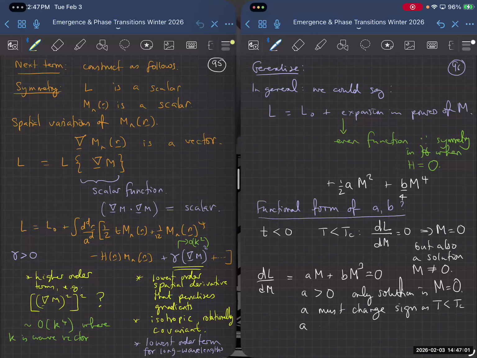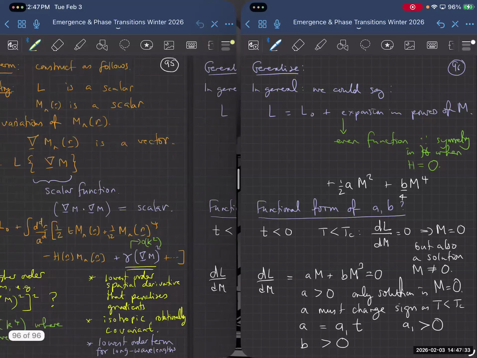And so we can write a equal to some a1, some other number which is greater than 0, times little t, where a1 is positive, and that will ensure that the solution exists. That requires that the coefficient b must be greater than 0. So phenomenologically, we could write down exactly what we found from our explicit construction, just by using this very simple phenomenological argument.